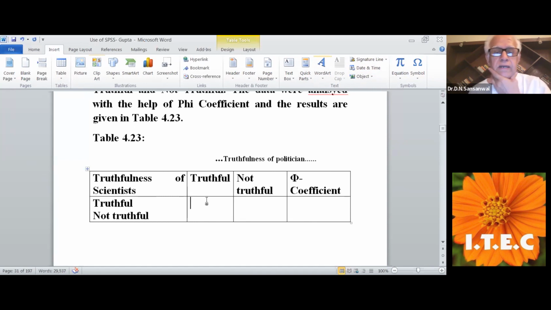And now here it is 38, it is 31, it is 25, and it is 24.